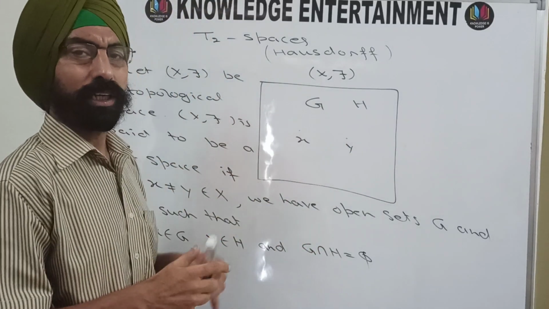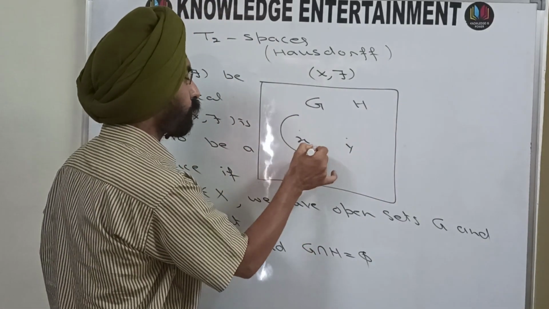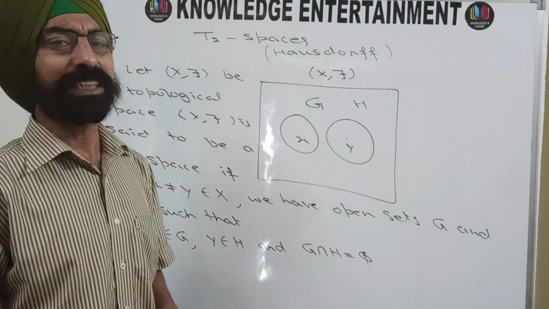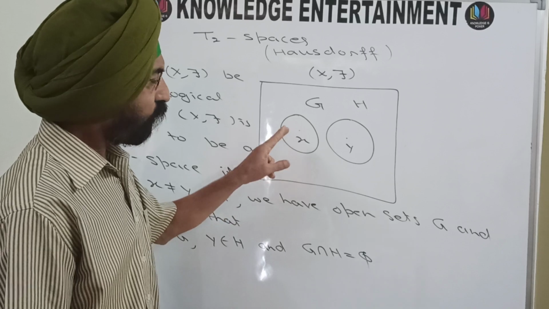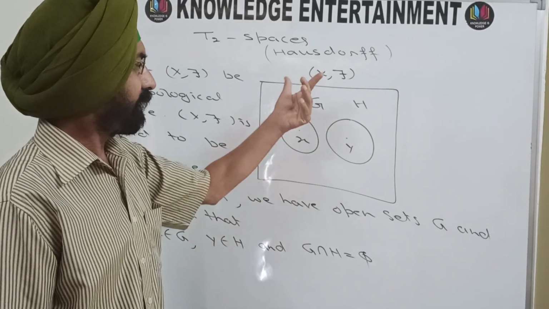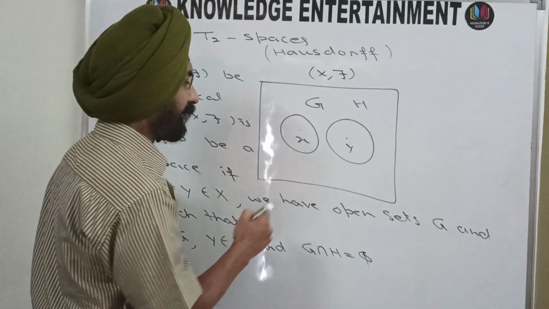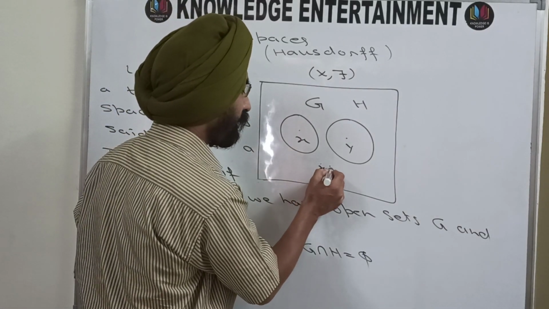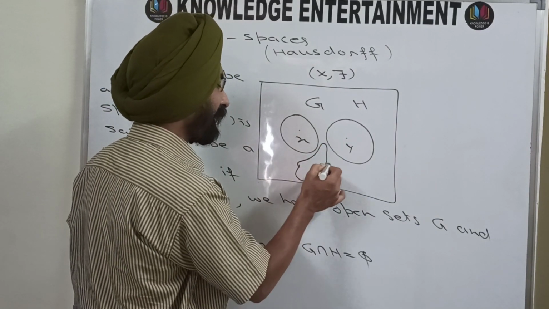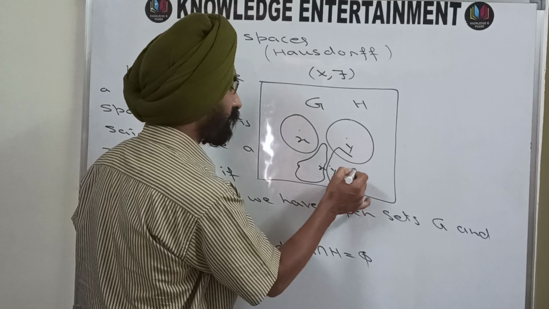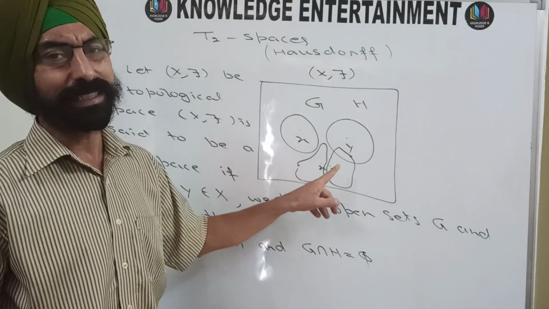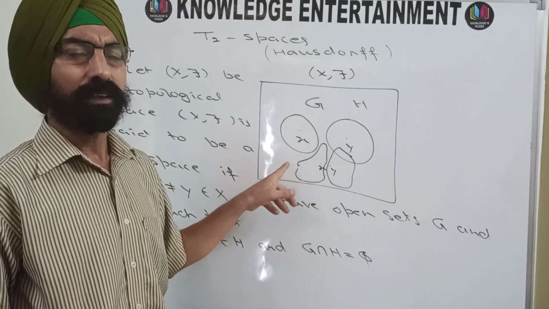That your G and H should be disjoint, and this condition should be satisfied for every two distinct points X and Y, whatever the two points you are taking within the set X.